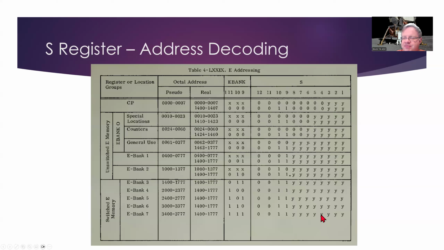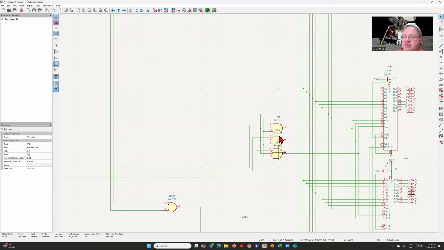So this address really doesn't exist, because if we're actually looking at that low order address, we should be accessing this memory range, which doesn't care what the contents of the EBANK are. So in order to do that, we've got these three input AND gates, which allow us to generate the appropriate address for our A10, A11, and A12.